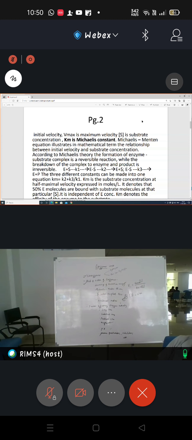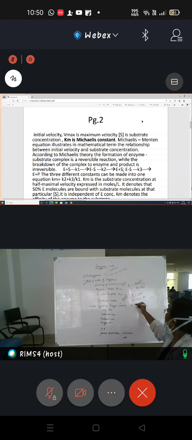The substrate concentration is less than the Km at point A. So we can say that Km plus S is approximately equal to Km, because the substrate concentration is less than Km.